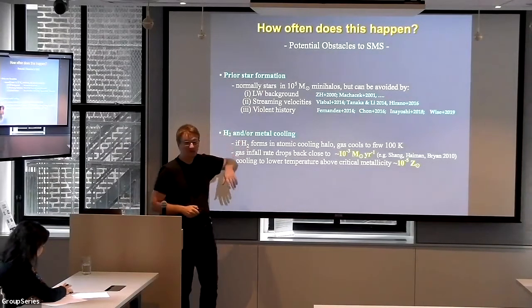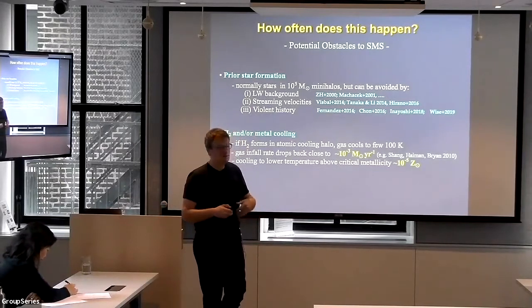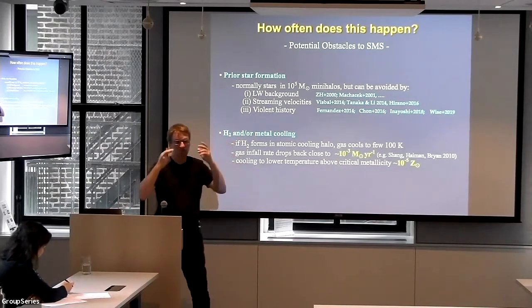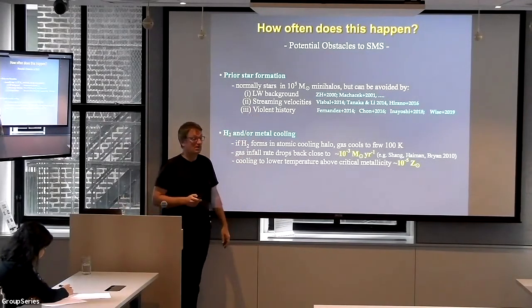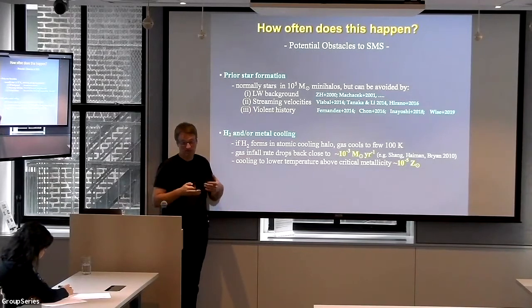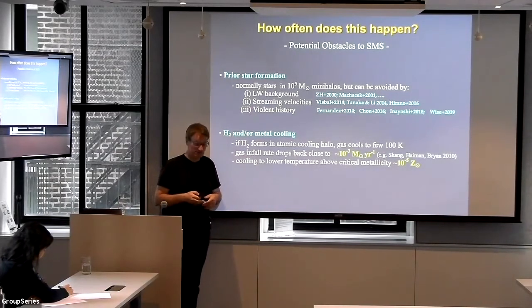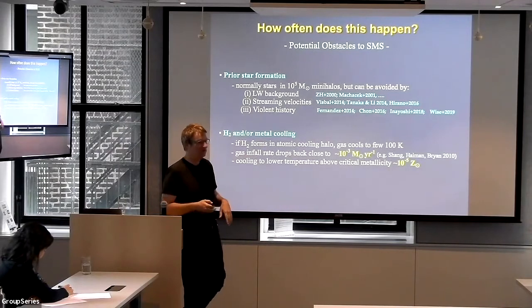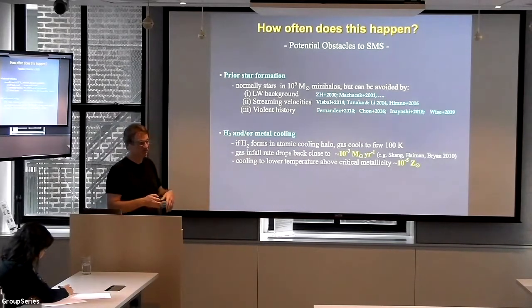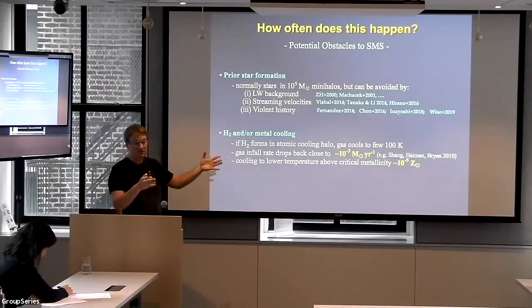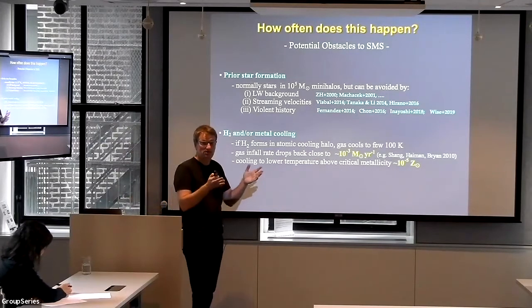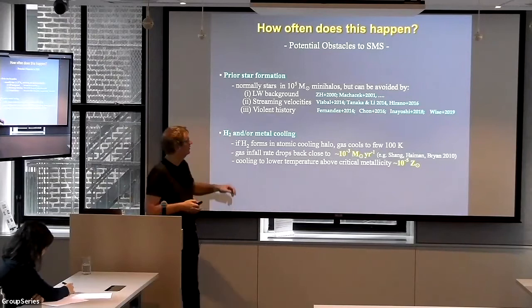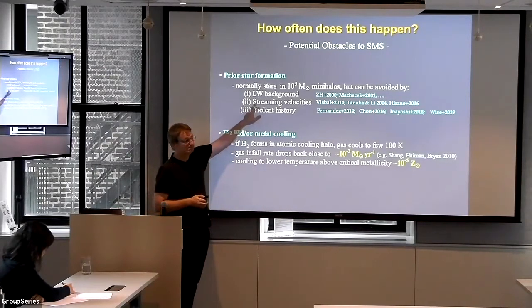The other is streaming velocities. This is a very interesting idea of the last several years. We know that baryons, after recombination, develop a velocity, coherent on megaparsec scales, with respect to the dark matter. So if you're looking at very high redshift small galaxies, the gas has some transverse motion with respect to the dark matter halo, and it makes it hard to collect it inside the dark matter halo and can disable star formation.